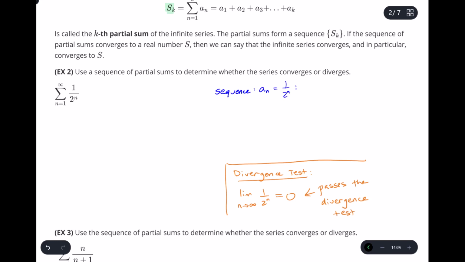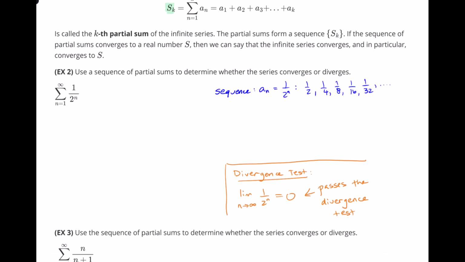The terms would be 1 over 2 to the first, so 1/2. 1 over 2 squared, so that would be 1/4. 1 over 2 to the third, which would be 1/8. And you can kind of see the pattern here. So the next would be 1/16, 1/32, and so forth. Okay, so there are the individual sequence terms.